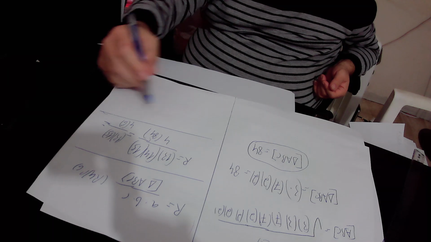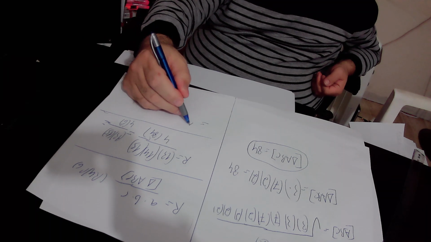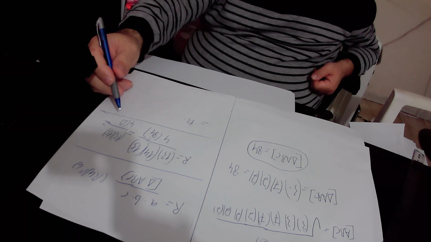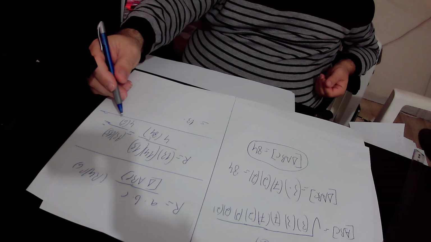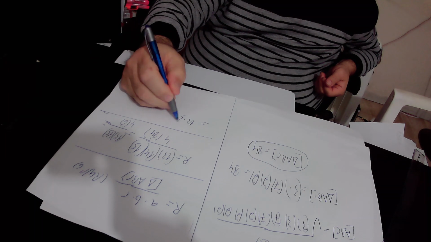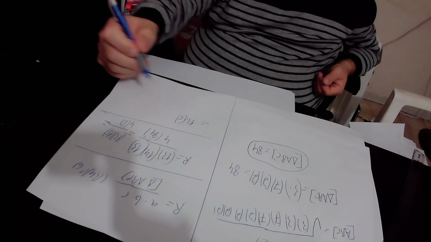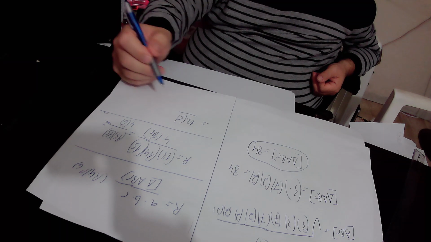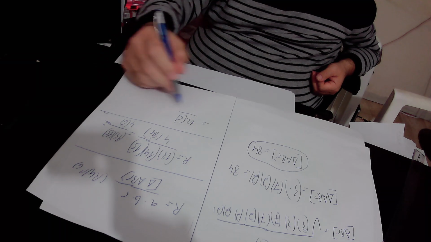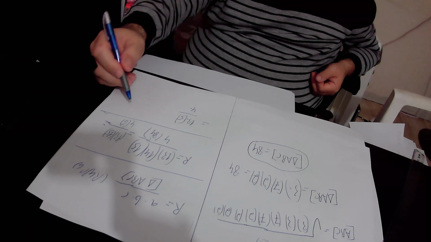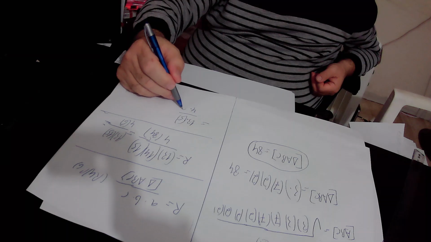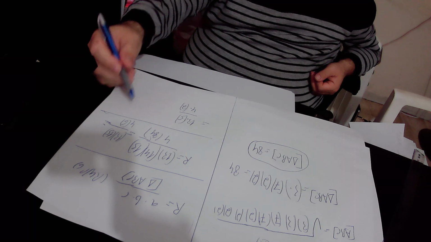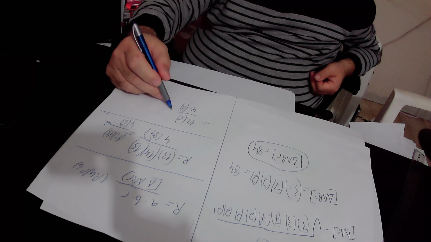In the numerator we have 13 times 15 over 3 is 5, so in total 13 times 5, and in the denominator 4 times 6 over 3 is 2, so we are left with 4 times 2.